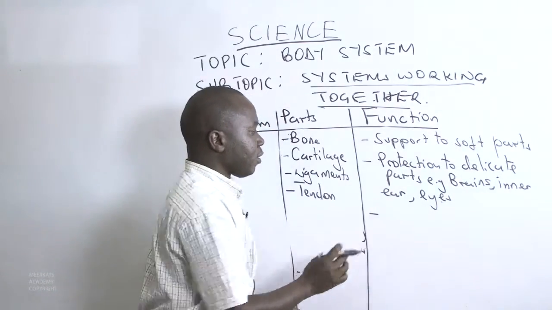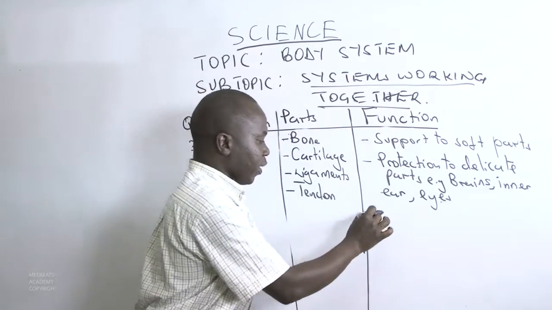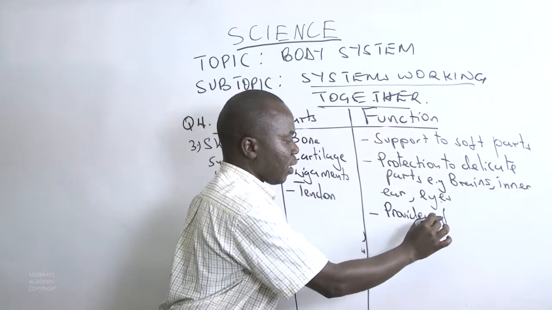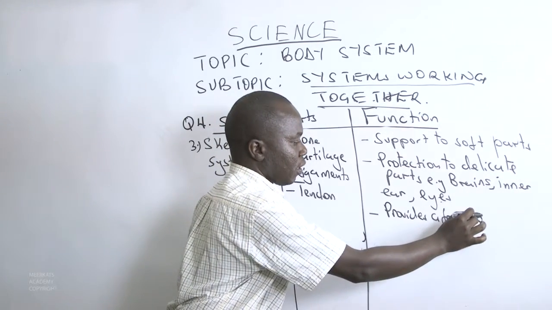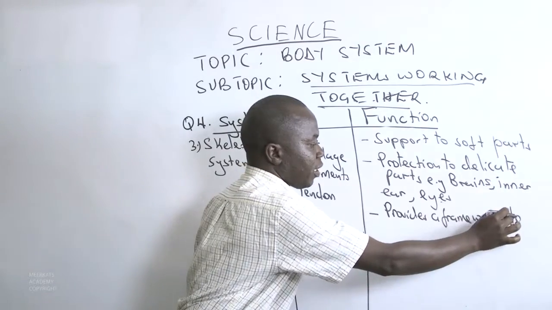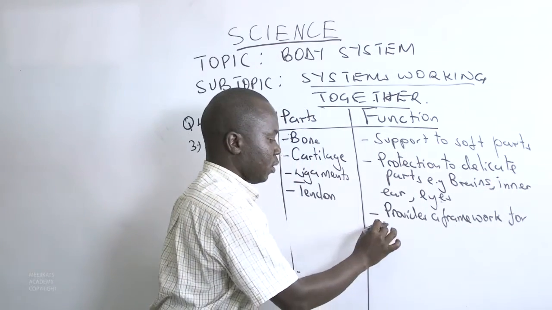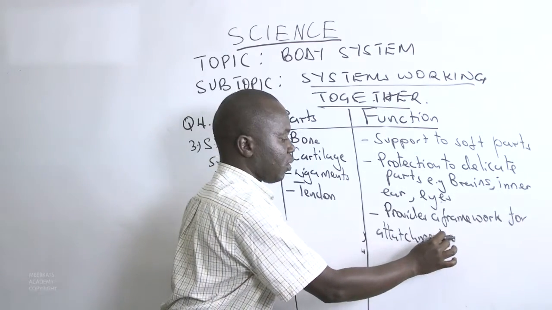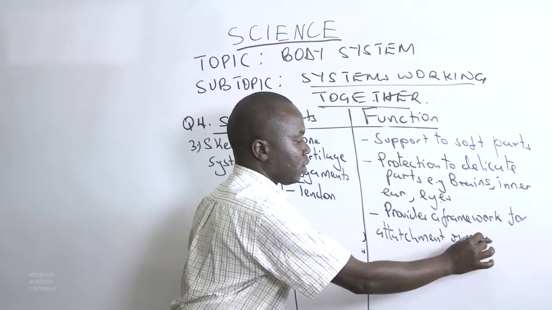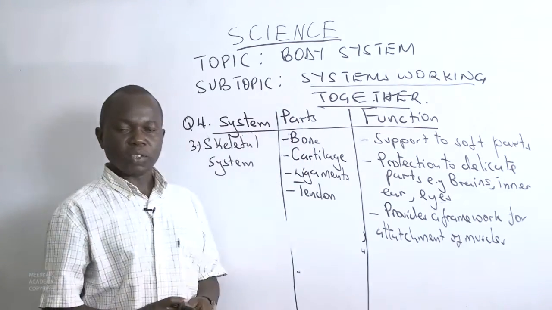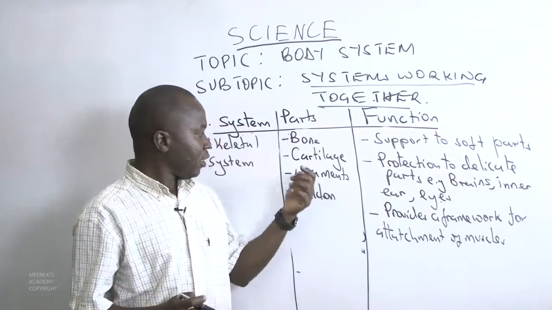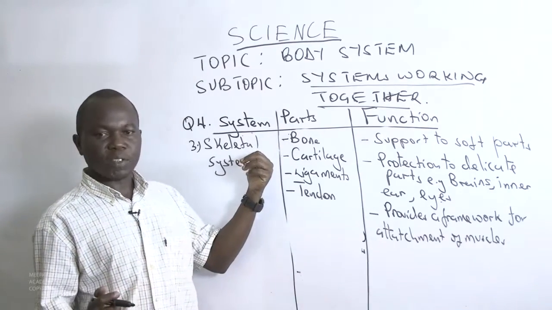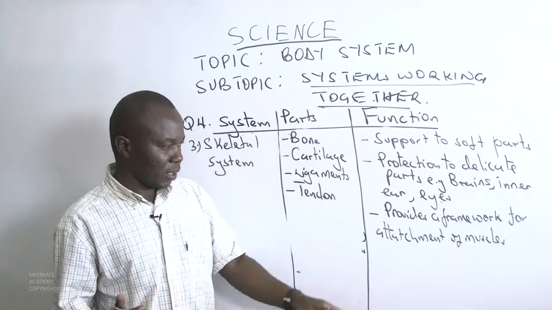Then again, the skeletal system provides a framework for attachment of muscles. You have muscles on your body, but they are held in position, giving shape to your body because of the skeletal system.